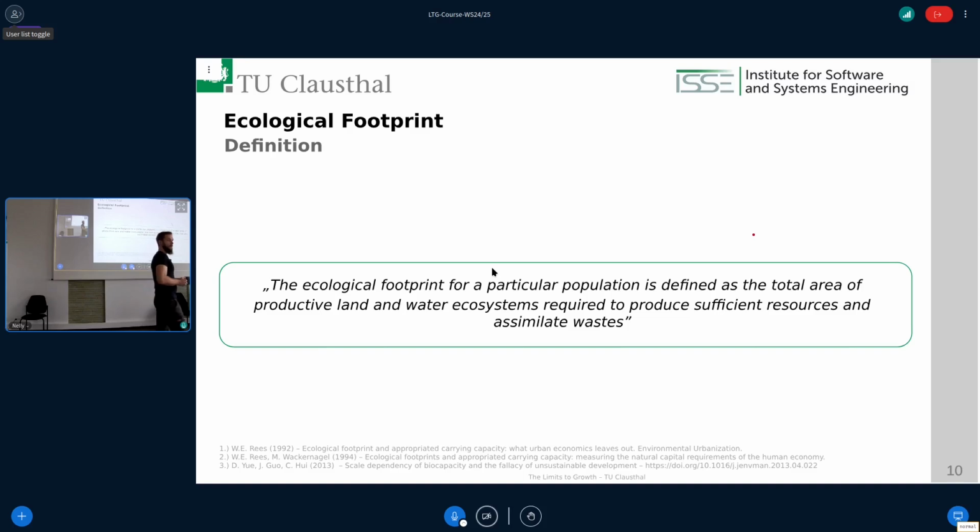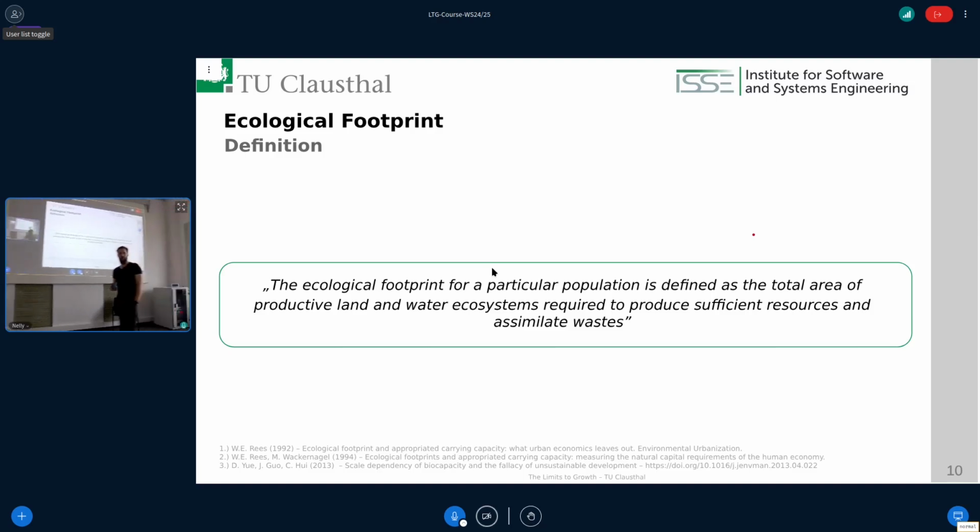Closely related is the ecological footprint, because once you know how much you can take out of an environment and how much you can stress an environment, you can essentially divide that resource budget and that waste budget by the number of people that you have, and then say, okay, everyone can use 1 block of timber per year and can cause 50 kilograms of waste per year.